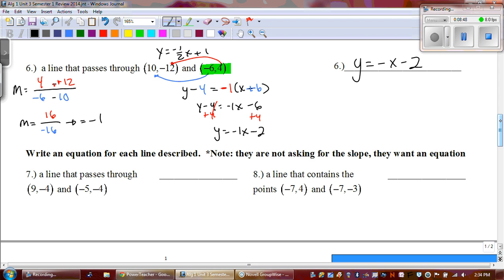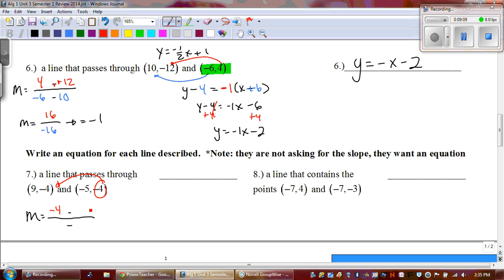Okay, write an equation for each line described. Note, they're not asking for the slope, they want the equation. Okay, so let's go ahead and figure, if we're going to write an equation, we need to know what the slope is.